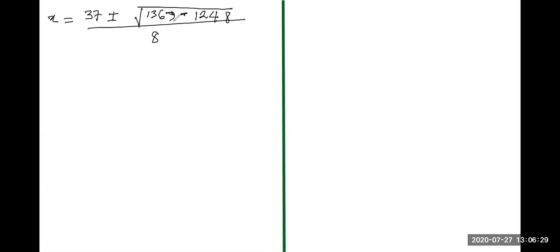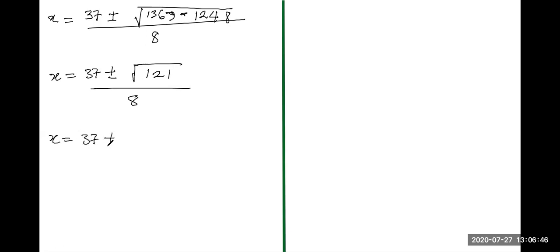Okay, so when we subtract and simplify our root, we're going to have x is equal to 37 plus or minus square root of 121 over 8. And square root of 121 is 11. So x is equal to 37 plus or minus 11 over 8.